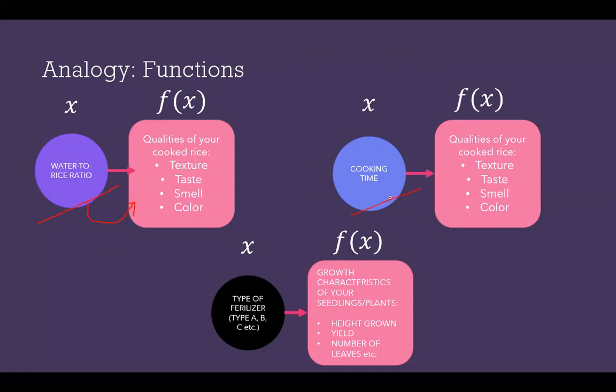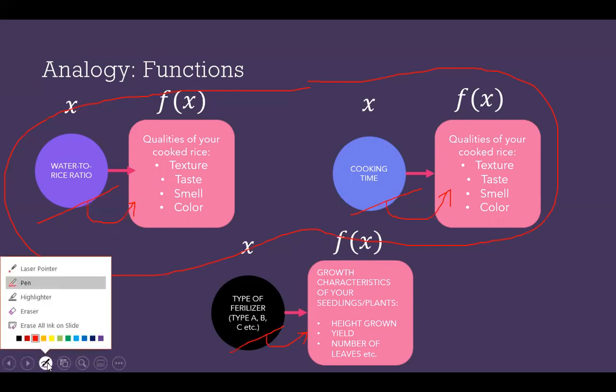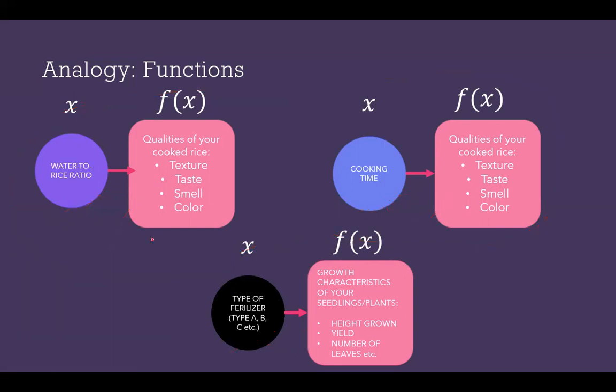And if you want to look at the effect of the cooking time, cooking time is your independent variable that affects the qualities of your rice. So these are from the same example on cooking rice. While type of fertilizer, in the second example, most of them declare as independent variable on your growth characteristics. All right.